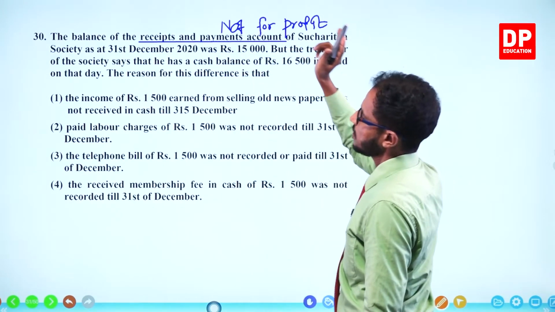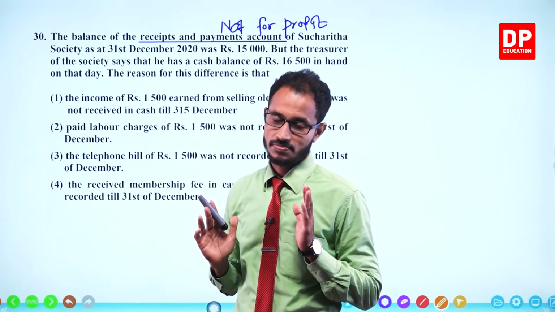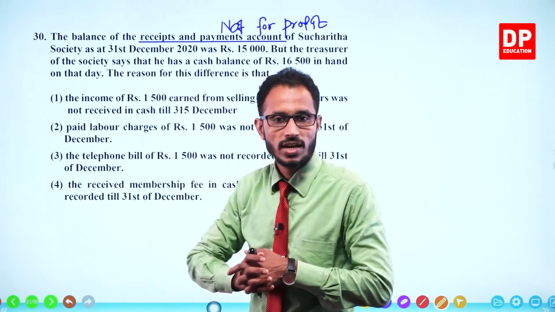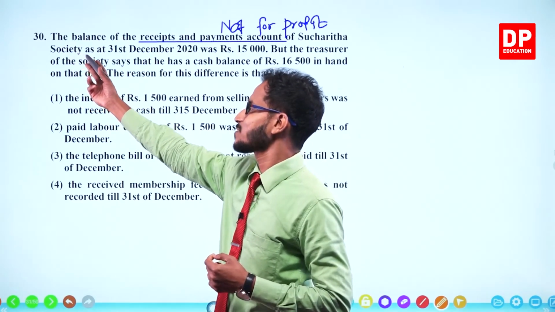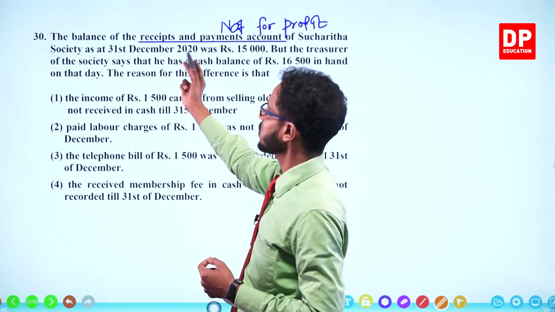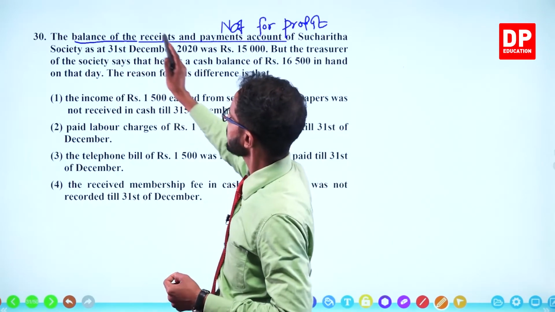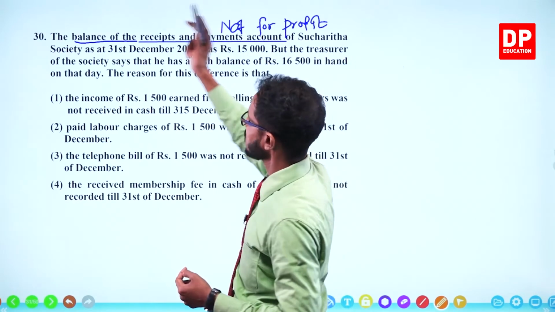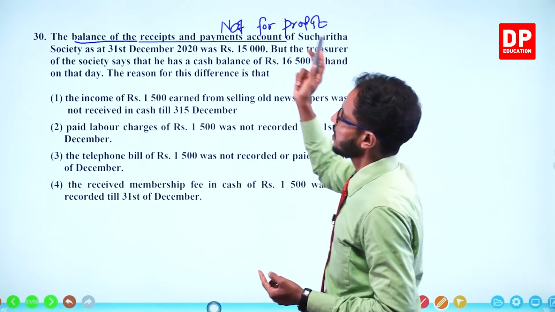Of Sucharita society. As at 31st December 2020, the receipts and payments account balance was 15,000, but the treasurer of the society says that he has a cash balance of 16,500 in hand.